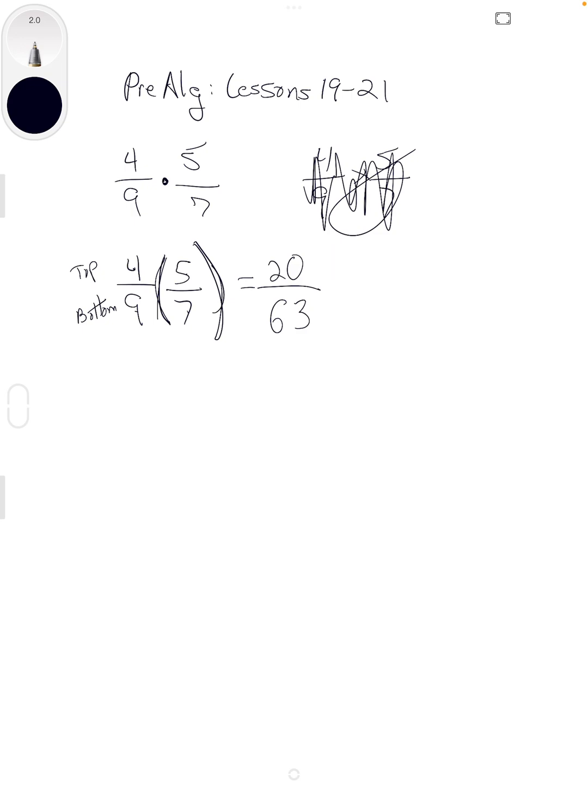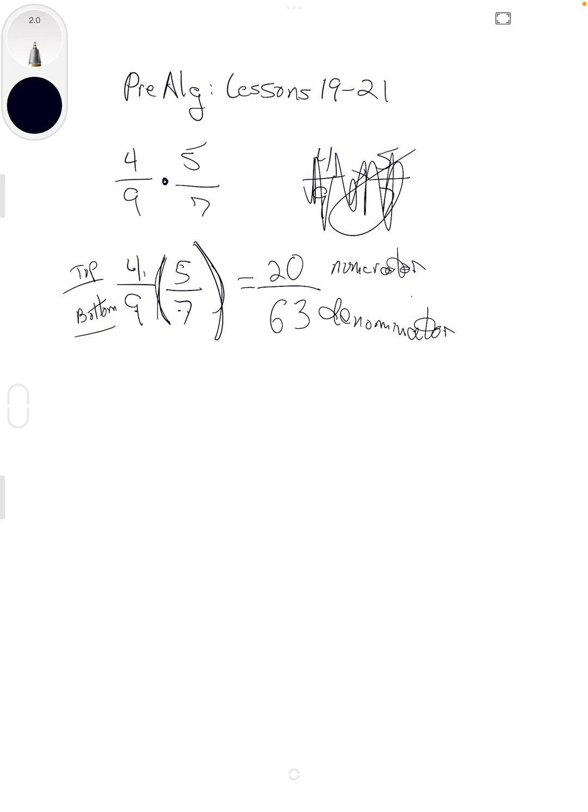In math, this is called the numerator. And this is called the denominator. Okay, because those take so long, I say top and bottom. But it's numerator and denominator. You multiply top times top, bottom times bottom, and you're done.